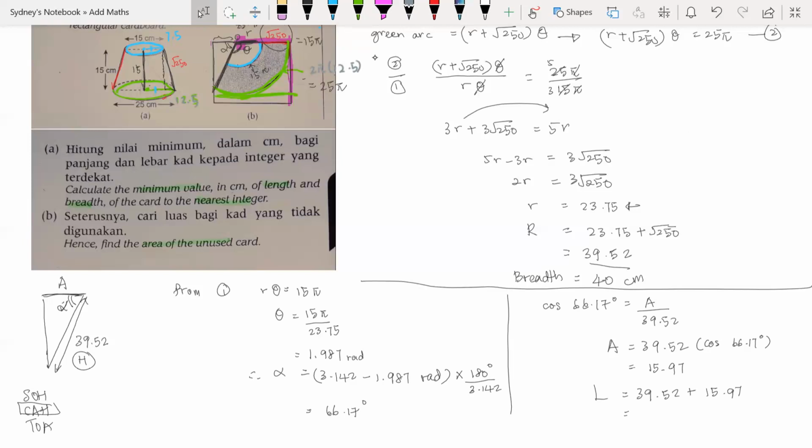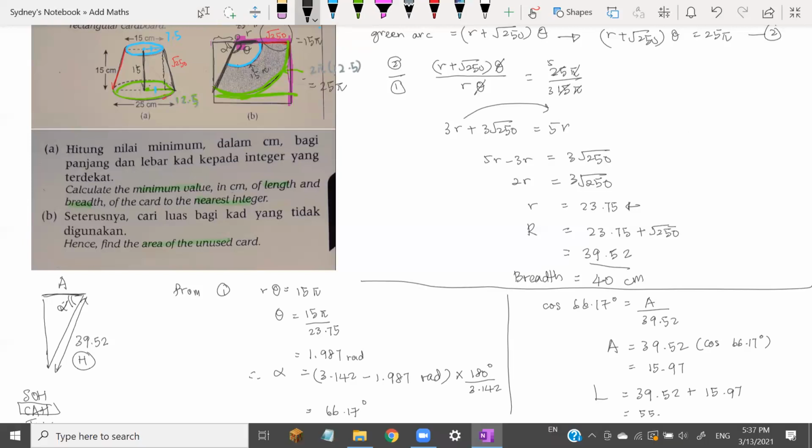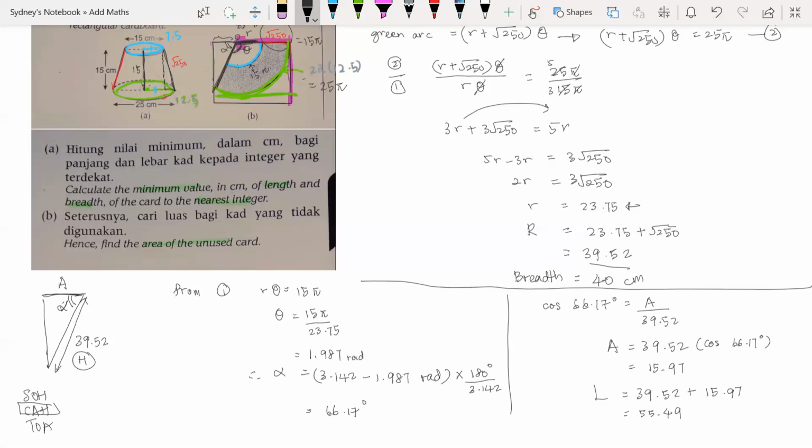So we have, by using the calculator, 55.49. Okay, and therefore we round it off. The length, round off to the nearest integer, 56. Everything in cm. So we have just found the minimum breadth and length for part A.